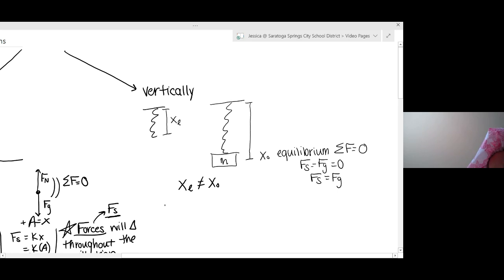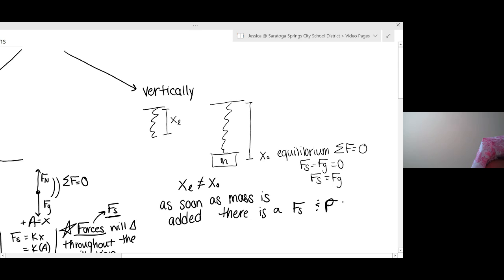So what that means is as soon as mass is added, there is a spring force and spring potential energy in the system.